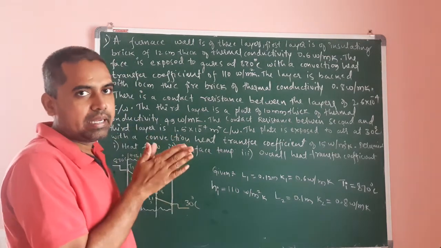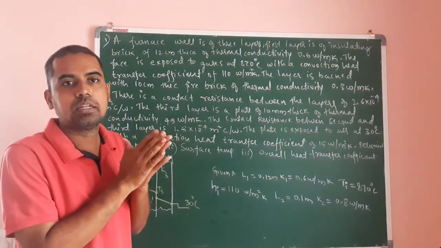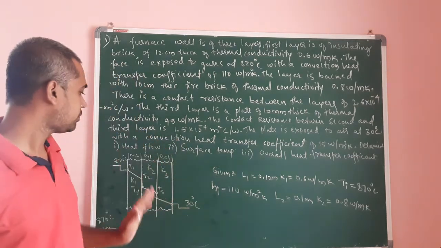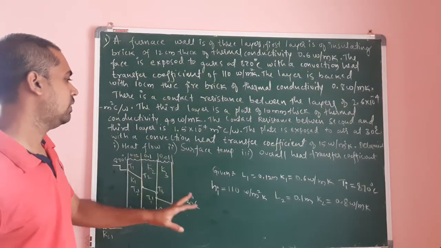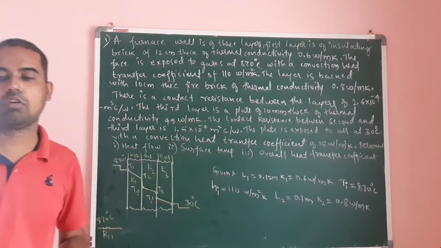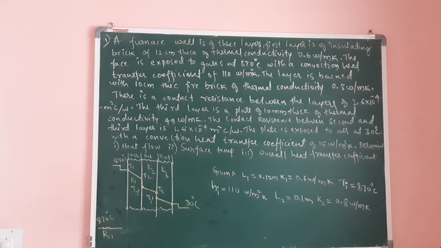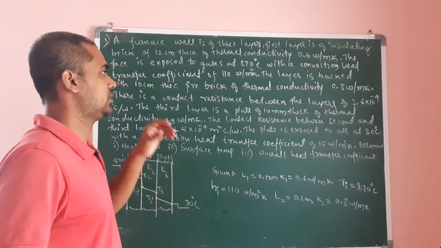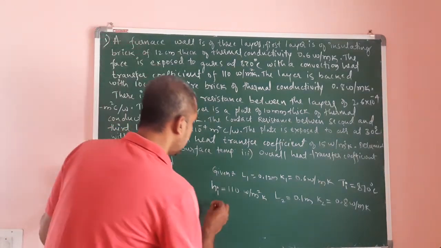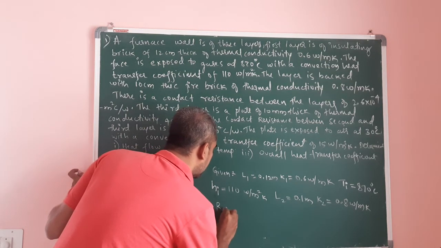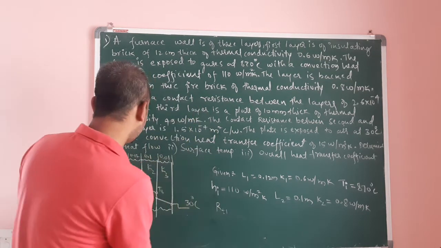Okay, due to that air gaps, there will be some thermal resistance for the heat to flow. It is called as thermal contact resistance between the two layers. I will call it as RT1, or thermal contact resistance between the layers.